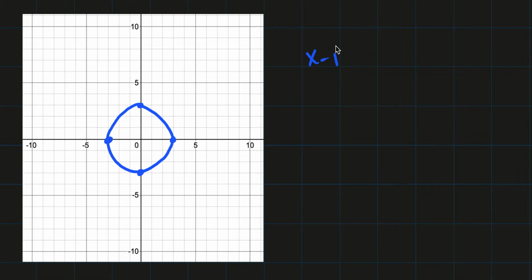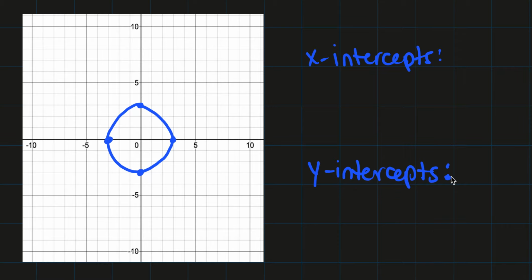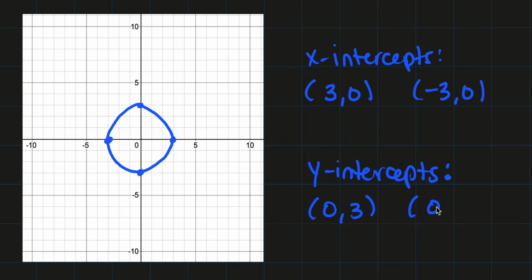How many x-intercepts and y-intercepts do I have? Well, I have 2 x-intercepts and 2 y-intercepts. What are they? 1, 2, 3. You can see that the radius of this circle is 3. So my 2 x-intercepts are 3, 0 and -3, 0. And my 2 y-intercepts are 0, 3 and 0, -3.